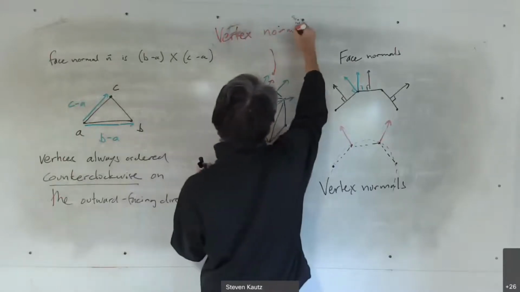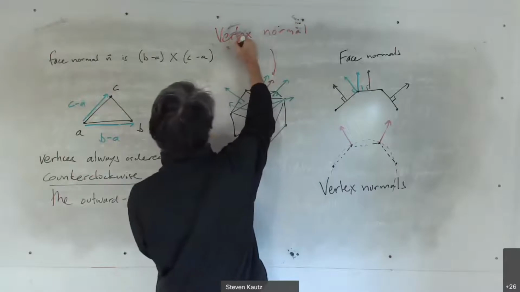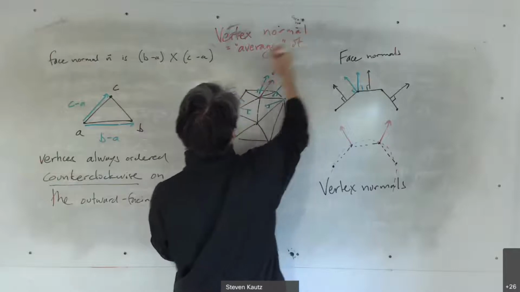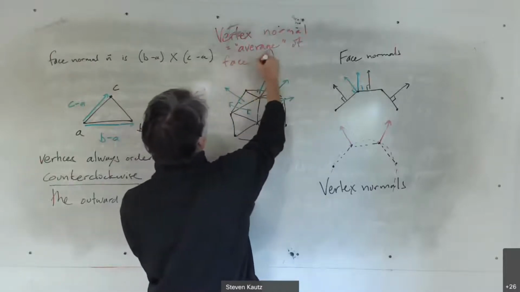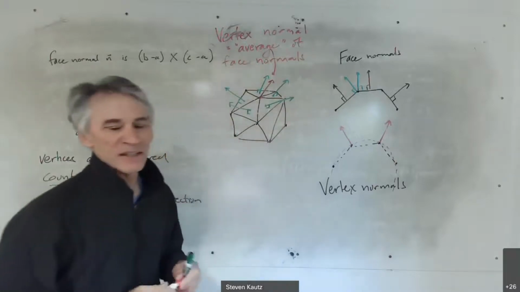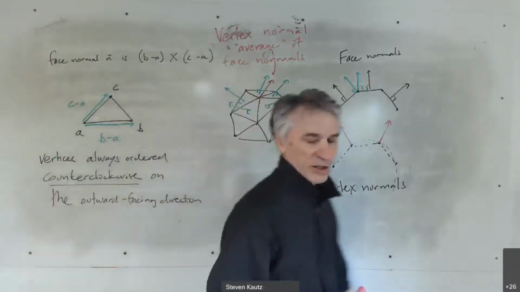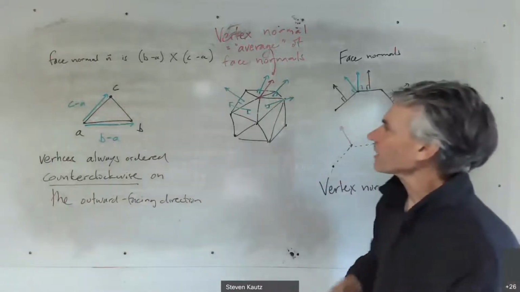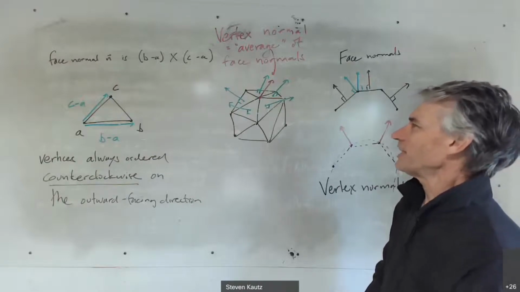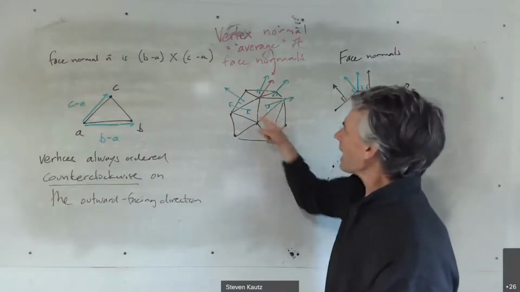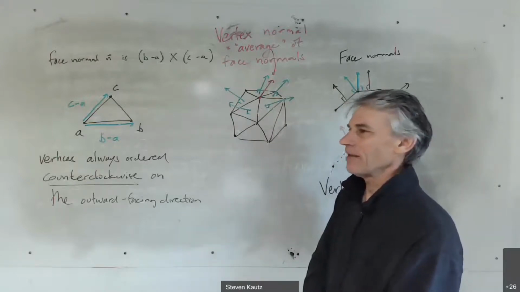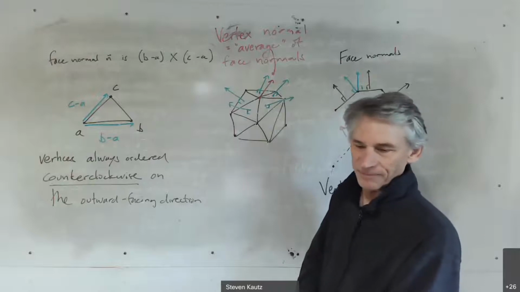So the vertex normal is, quote unquote, the average of the face normals for all the adjacent faces, all the faces that include that vertex. What do we mean by average, though? It's actually simpler than an average. We're going to add up all of the vectors, just component-wise, and then renormalize so that it has length 1.